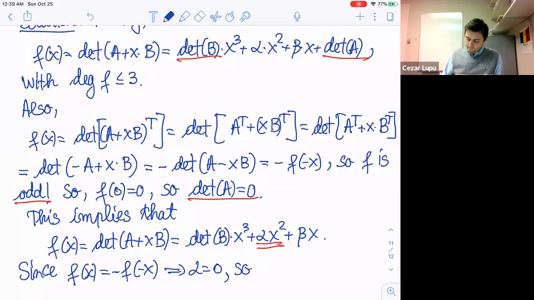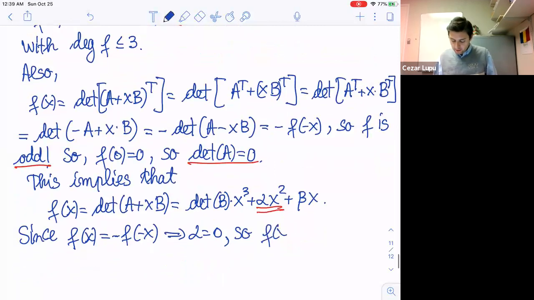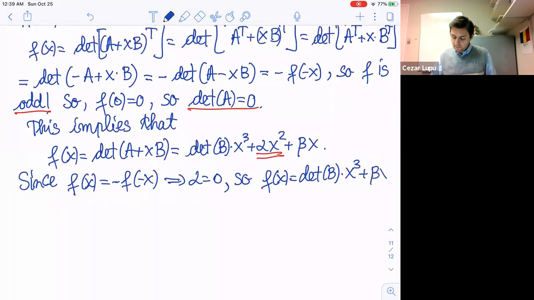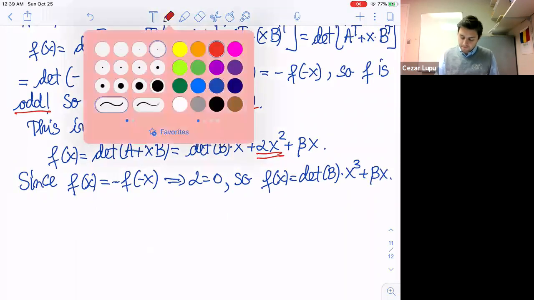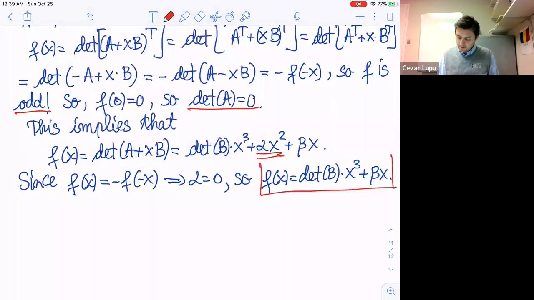So f of x is nothing else than just the determinant of B times x cubed plus beta times x. So this is how we can write our function.